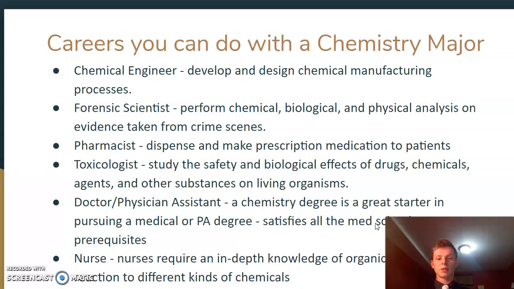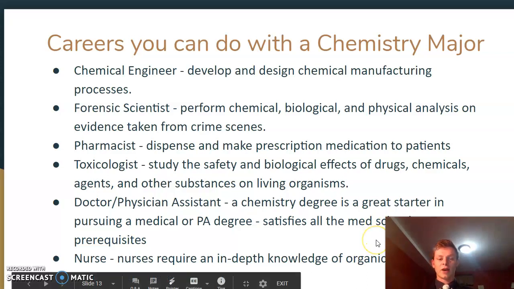And it's something that really applies to a nursing major specifically. While I know all of you aren't going to be chemists, and you're not all going to do chemistry majors, clearly, that's fine. But this is just me showing you that this is something that you can do, and this is how it applies to the real world. Moving on.